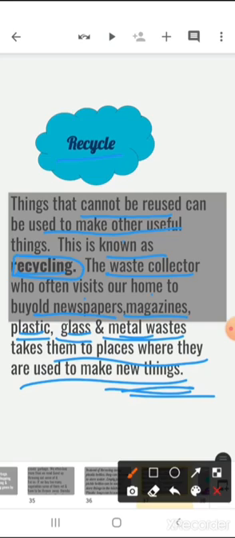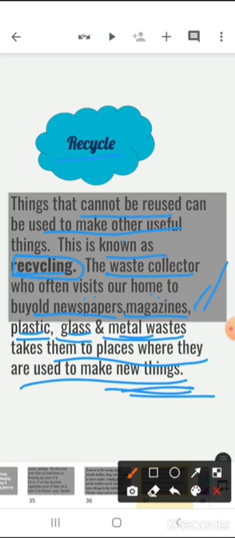Newspapers and magazines are kept separate to make use of them, like a decorative piece, a paper bag or an envelope, all made from old newspaper.